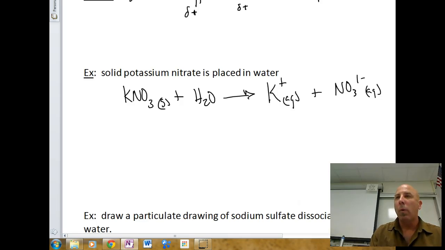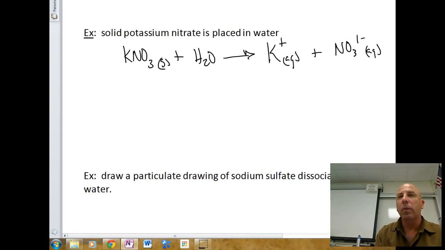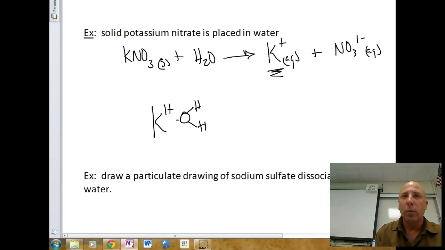Okay, now what would this look like in a model? Let's take a look first at our potassium ion. If we have a potassium ion in solution, it's a 1+ charge. What is going to happen is the negative part of a water molecule is going to be attracted to it. So our oxygen, which is the negative part of a water molecule, is going to be attracted to this potassium, and not just one of them.